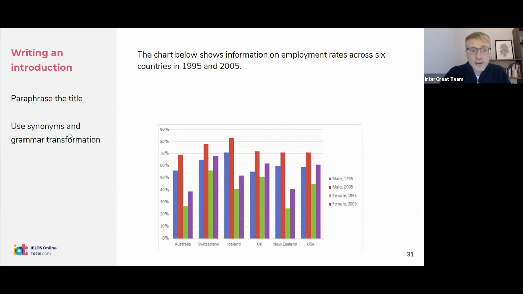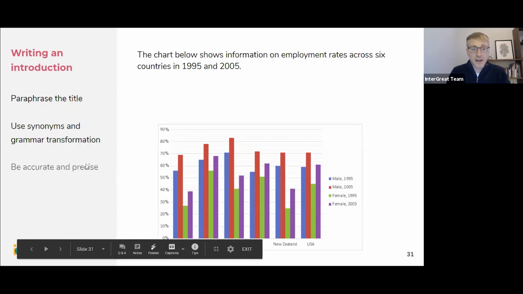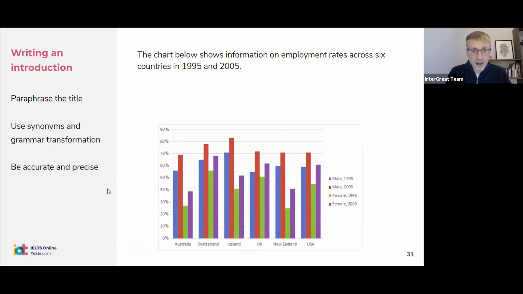So we can do this by using synonyms and grammar transformation, words with the same meaning and changing the grammar that's used in the question. You want to make sure that you're being accurate and precise, that you're saying exactly the same as what the question says and what the chart shows, but in your own words, okay?